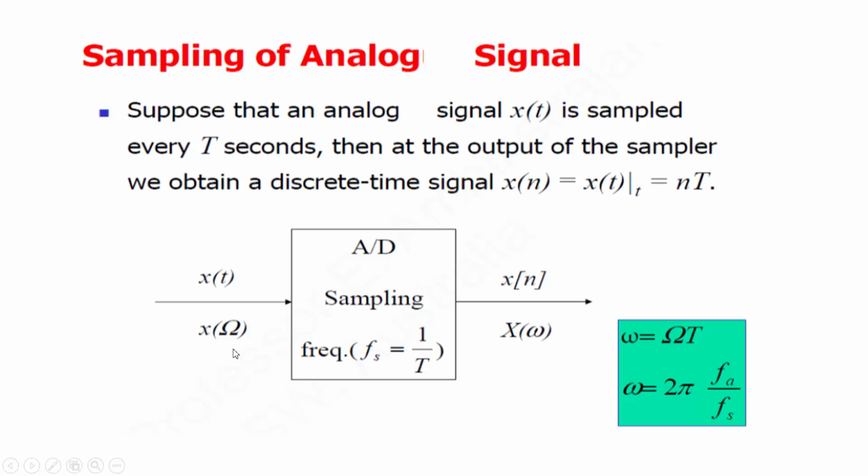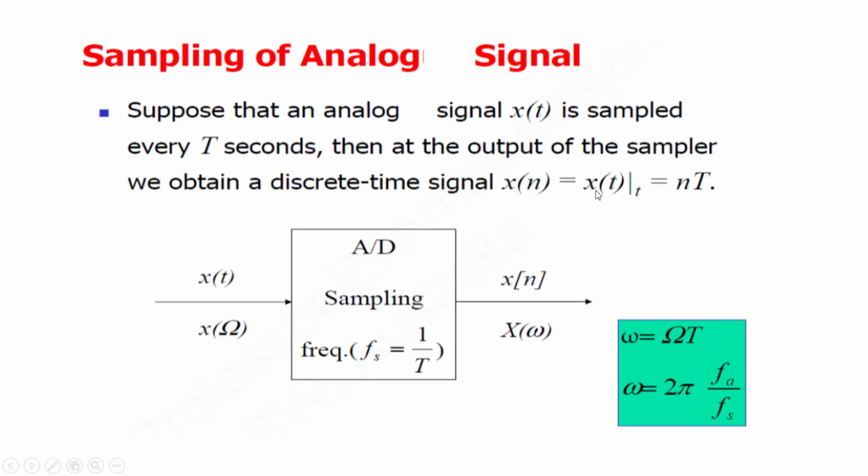But you must keep in mind, repeatedly I am saying that big omega is the analog frequency, small omega is the digital frequency. All right. Now, the A to D converter will sample the signal at sampling frequency denoted by Fs, which is also given by 1 over T, where capital T is the sampling period.